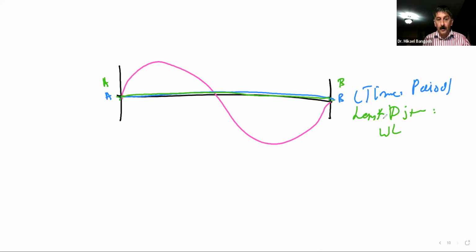And that's why we mainly said that the greater the time, the greater the wavelength. So we can say this pink wave here is a wave with a great period and a great wavelength compared to, let's take these two waves here.